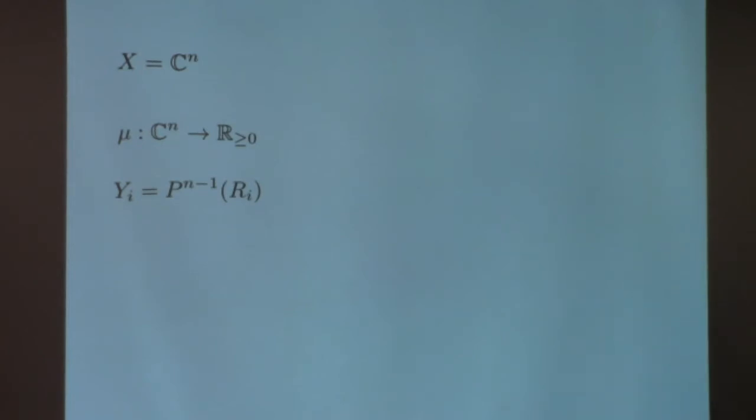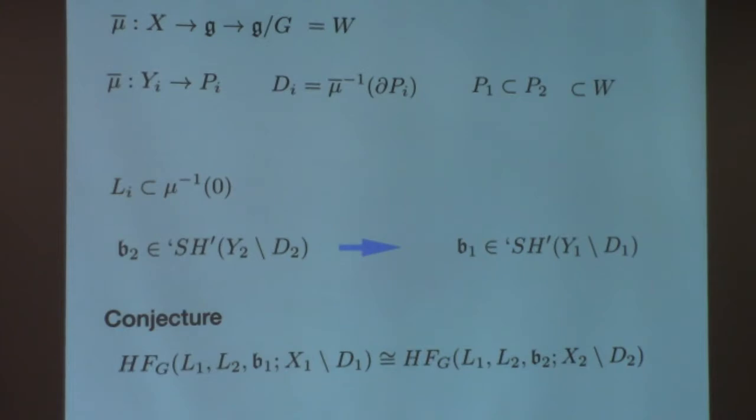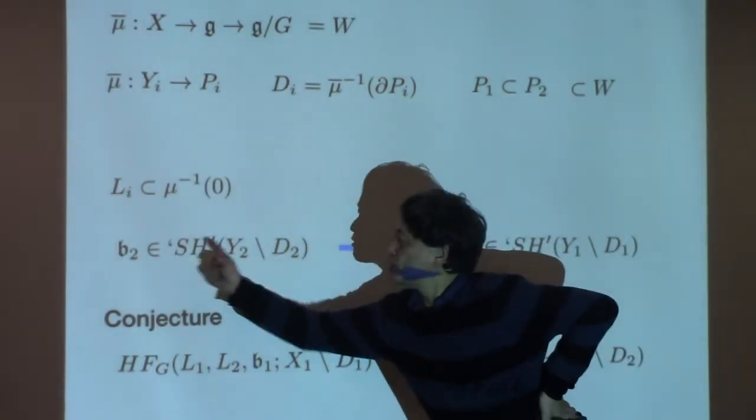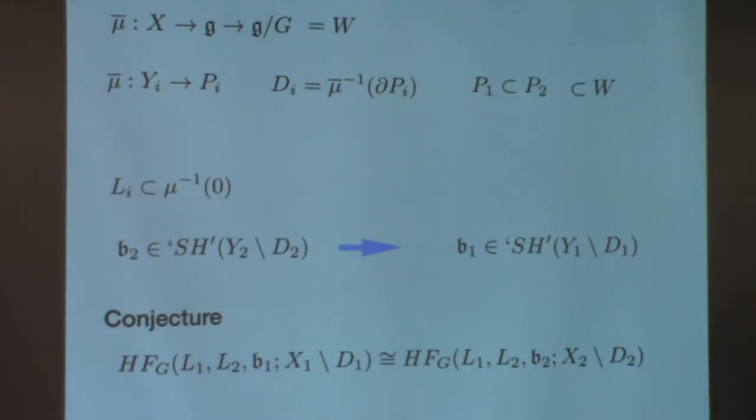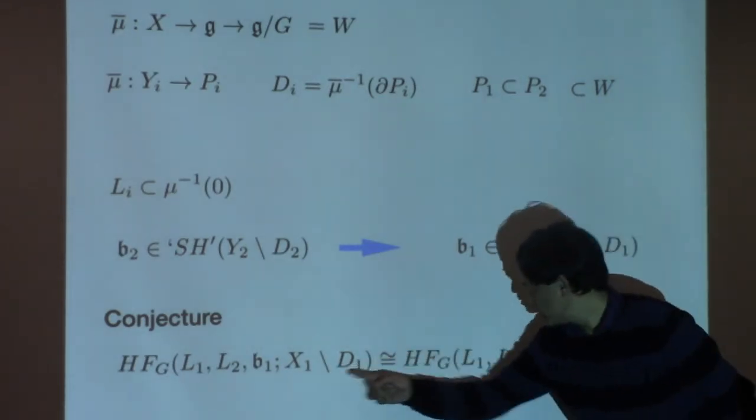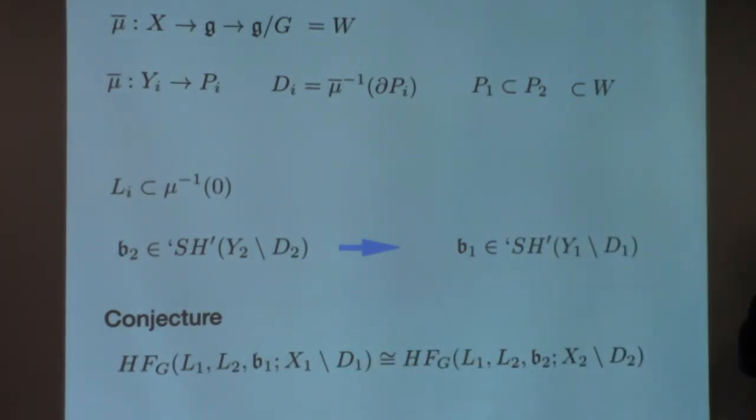This is a very simple case. So now what I want to claim, not claim, is a conjecture. Yes, not claim. So the conjecture is the following. Suppose that you have some bulk deformation which lies in some variant of symplectic homology of the big space, and then you have a variant of this bulk deformation on the other space, so that with these bulk deformations we actually have an isomorphism of Floer homology.